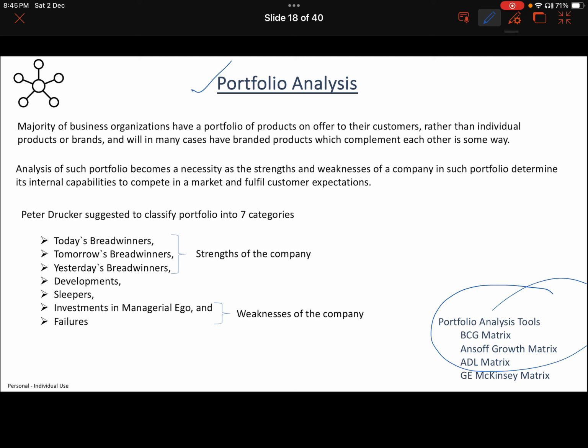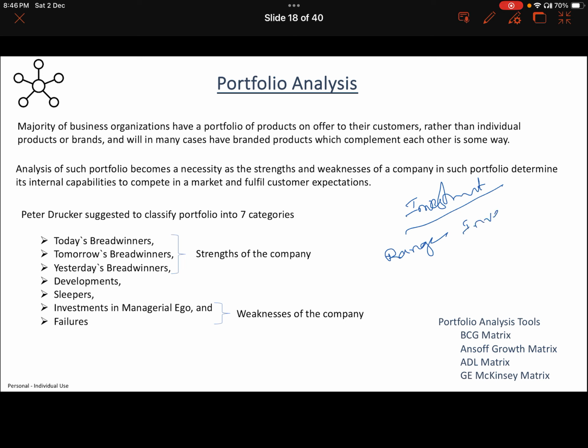Generally, the term portfolio is widely used in the investment area. Portfolio means a range of investments held by a person or an organization.